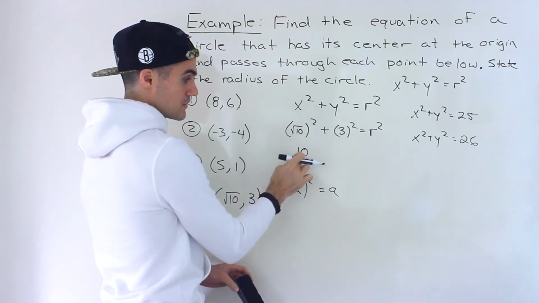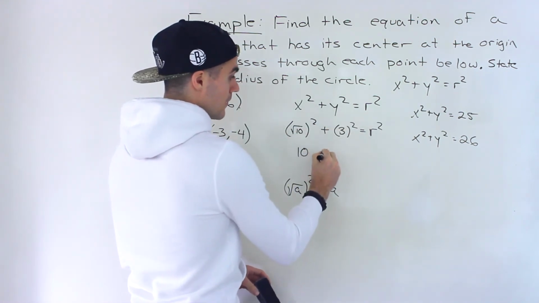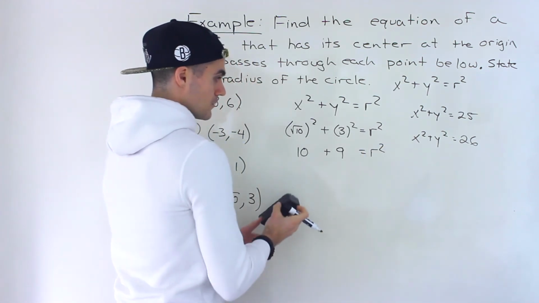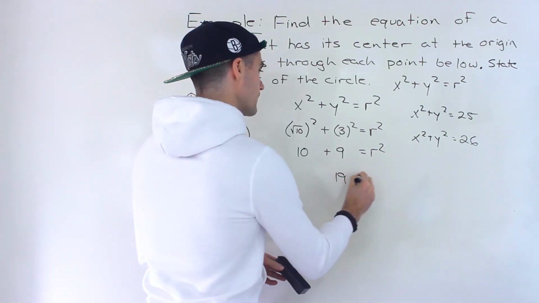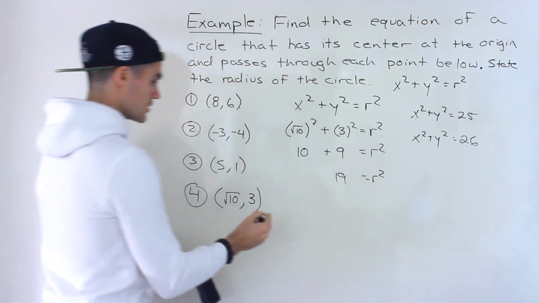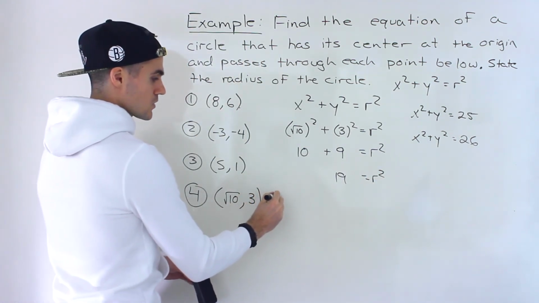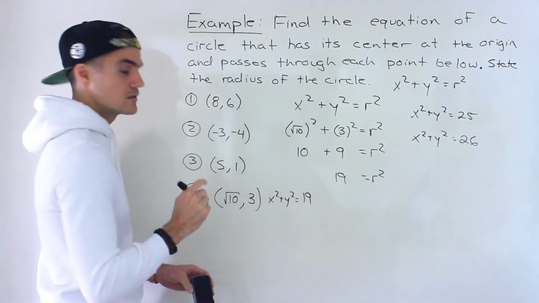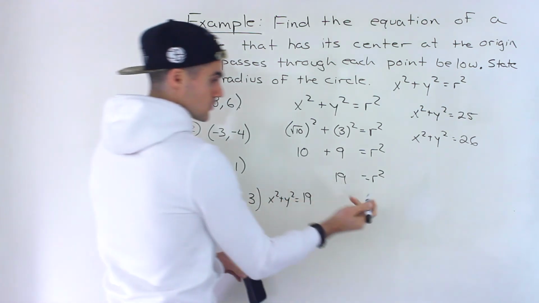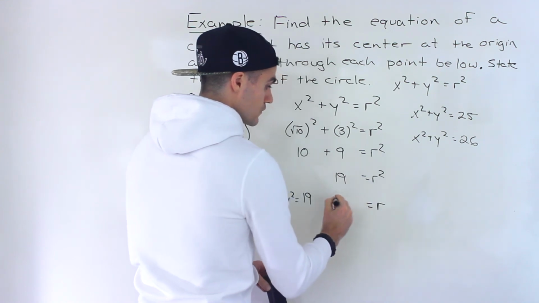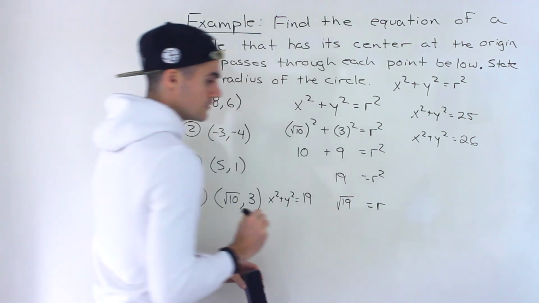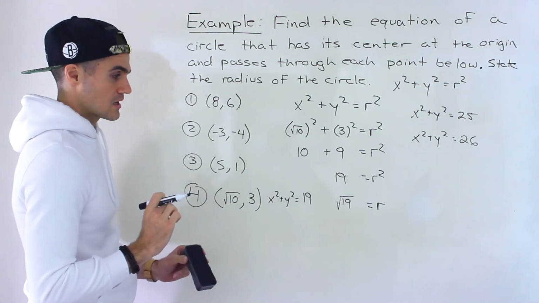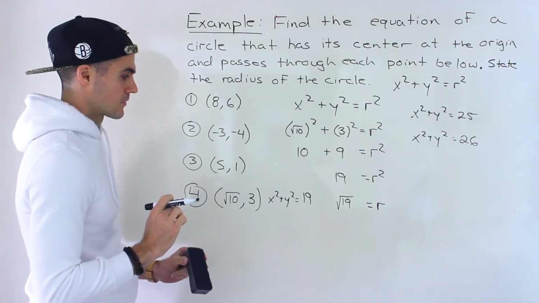But root 10 to the power of 2 is just 10. 3 to the power of 2 is 9. So we would end up with 19 over here. So the equation of this is x squared plus y squared is equal to 19. If you want the radius, just square root this, get the r by itself. We'd have root 19, or it would be 4 point something if you wanted the decimal.